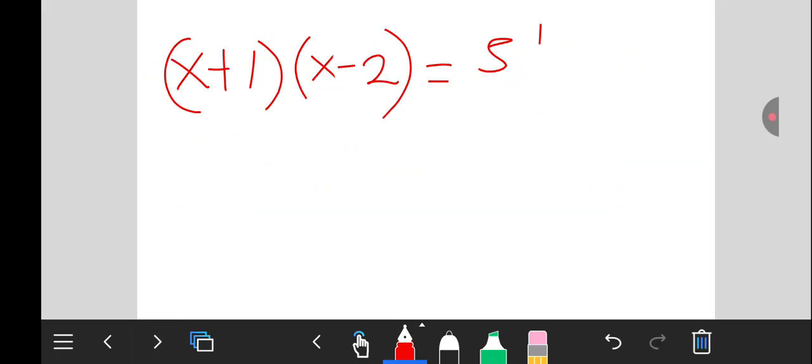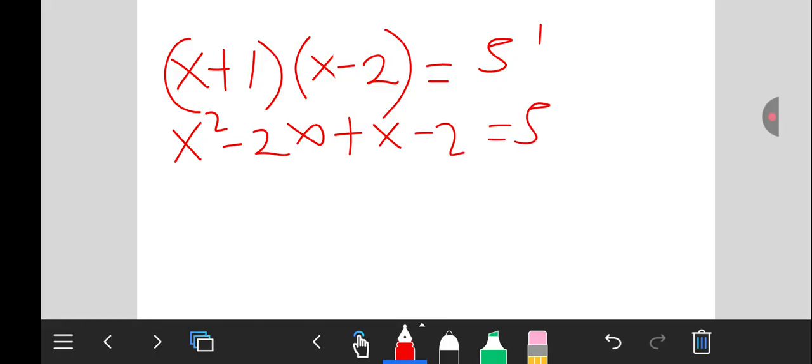So we can multiply this. x multiplied by x is x squared, x multiplied by negative 2 is minus 2x, x multiplied by 1 is just plus x, 1 multiplied by negative 2 is minus 2, is equal to 5 raised to the power 1, which is just 5. So we can now say x squared, negative 2x plus x is simply negative x, then minus 2.